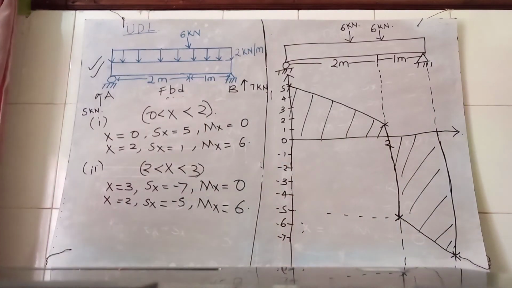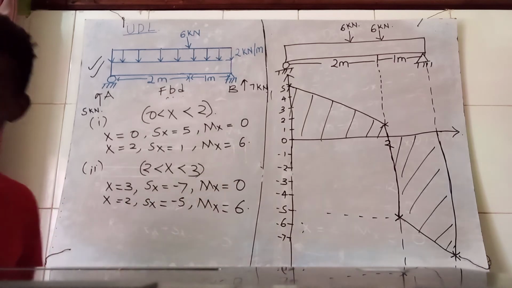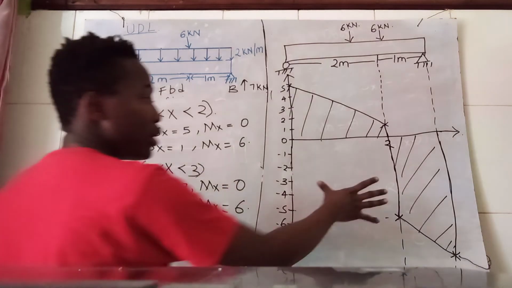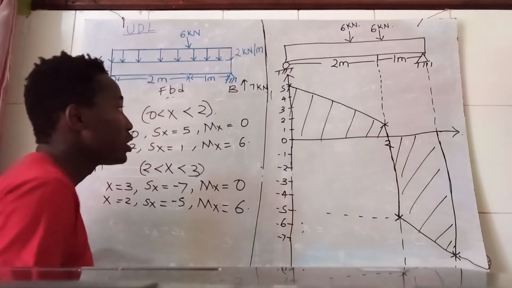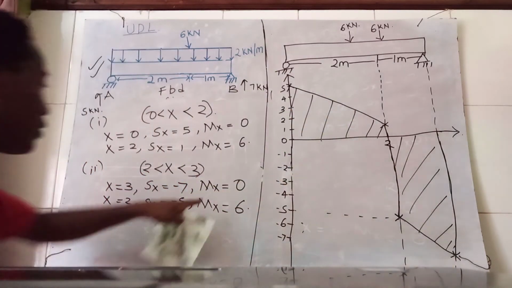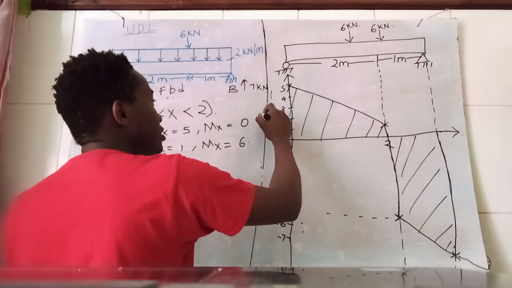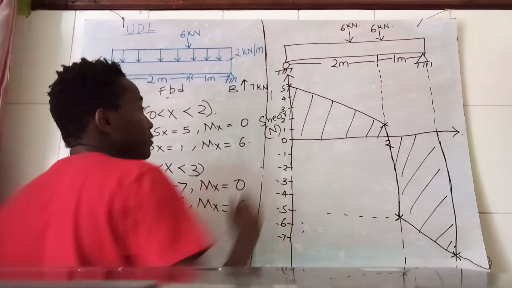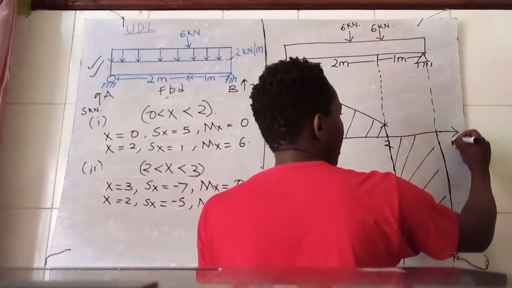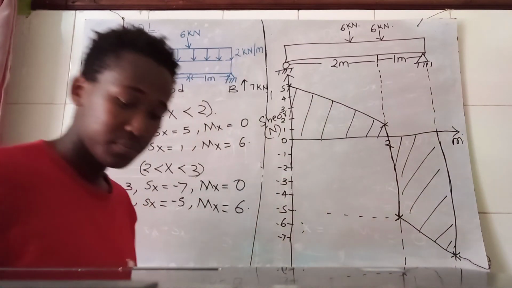And yeah, that is it. It is as simple as that. Below this diagram, I had limited space, so below it we are going to plot for moment. This is for shear force, with the value in newtons and length in meters.